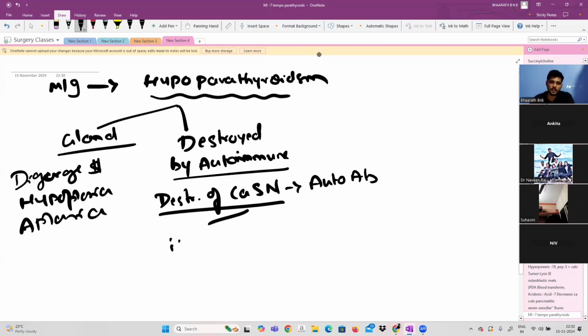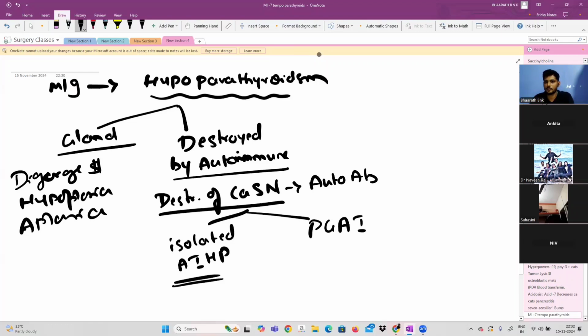Now, this can be occurring only in the parathyroid, so it is called isolated autoimmune hypoparathyroidism. Or it can be a form of polyglandular autoimmune hypoparathyroidism type A. Right?